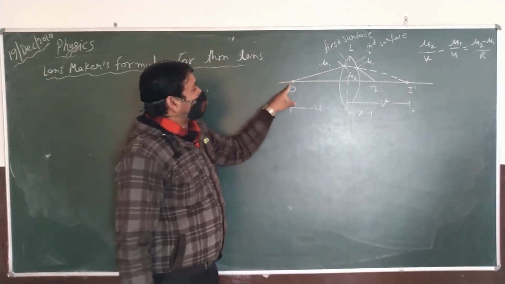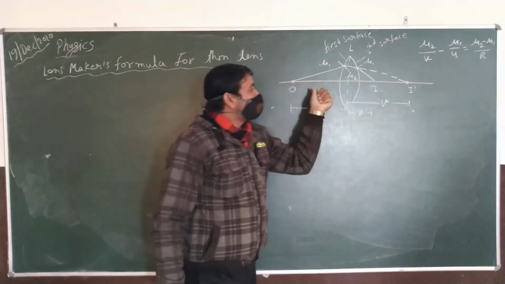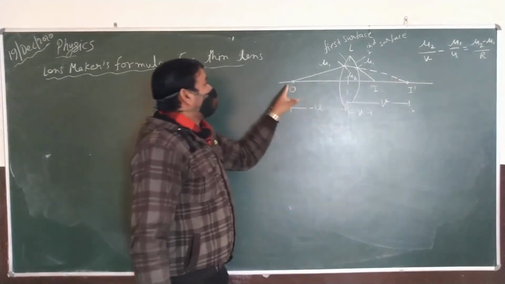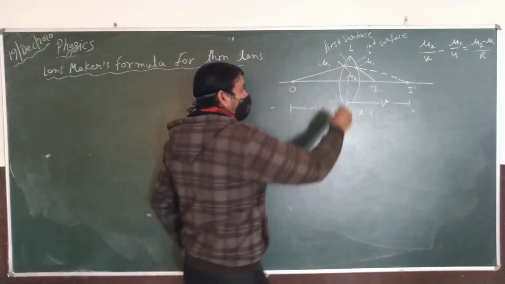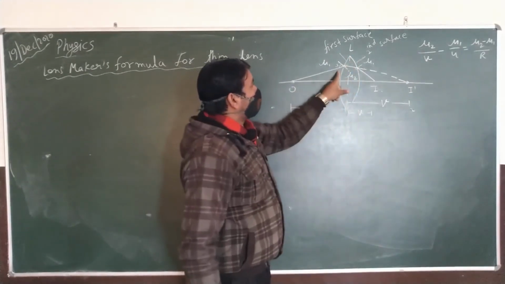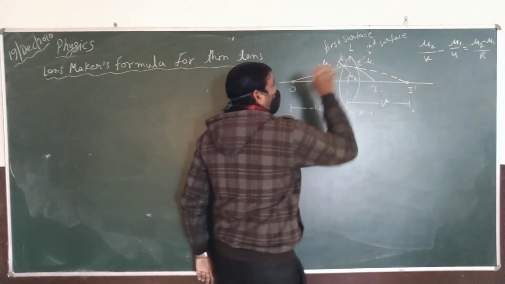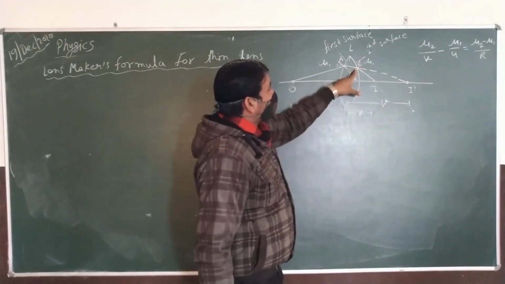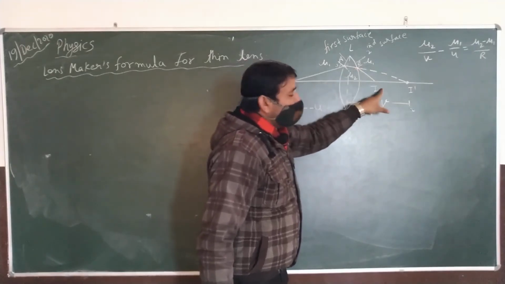Of the two rays traveling from the object, one is normal to the lens and goes undeviated toward the eye, and the second ray, which is incident with an angle of incidence i with the normal, is refracted by the first refracting surface and moves in the direction from A to B. Okay, and then it again suffers refraction from the second refracting surface in the direction of B to I.